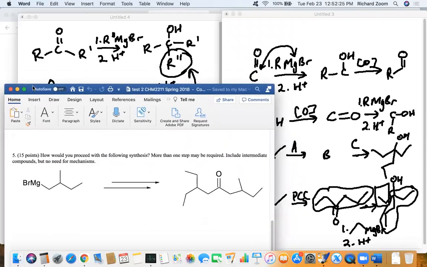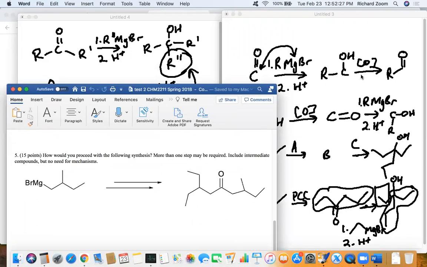how it goes, focus on this last step here. If it's got a C double bond O as the product, the only way we can get that C double bond O is to have done an oxidation.